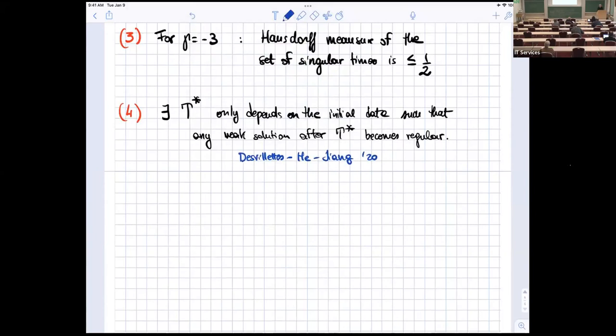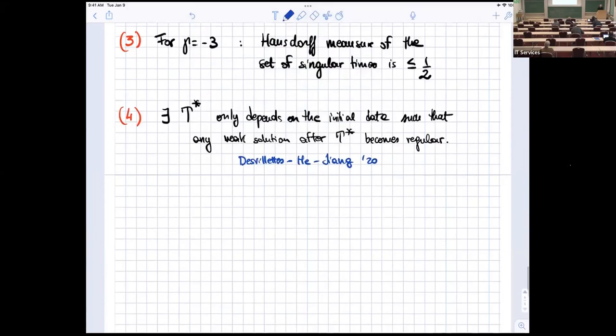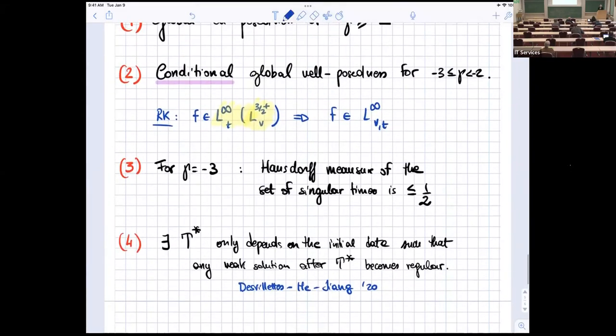I don't know if it's published already. So the number 3, this result on the Hausdorff measure, is by Francois Golse, myself, Céline Imbert, and Alexis Vasseur, and it's been published, I think, recently.